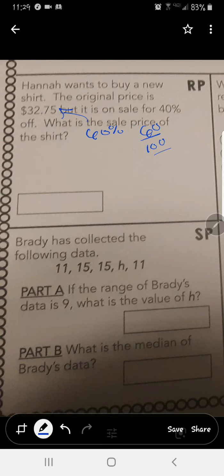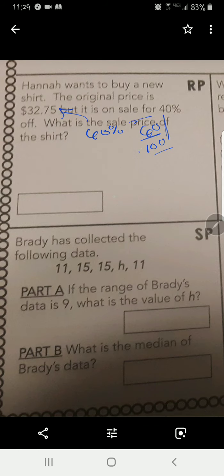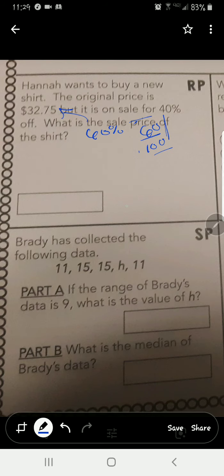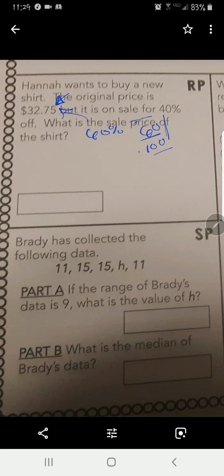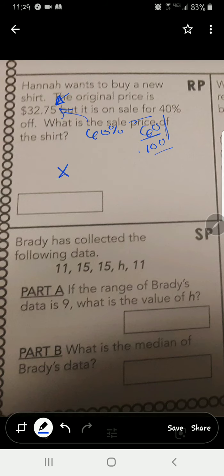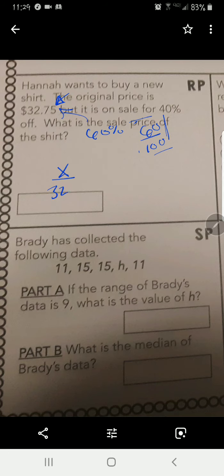So we have another fraction, which can be proportioned. And 100% is that, essentially. So we go x, which is the price of the shirt, over 32.75. And that's going to equal 60 over 100. And we'll do our cross multiply.